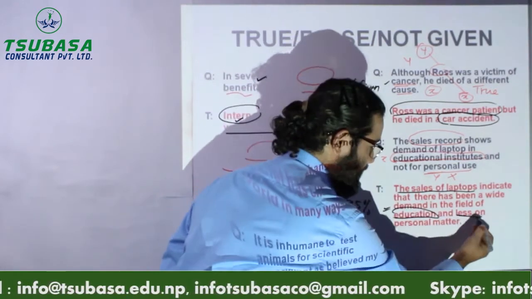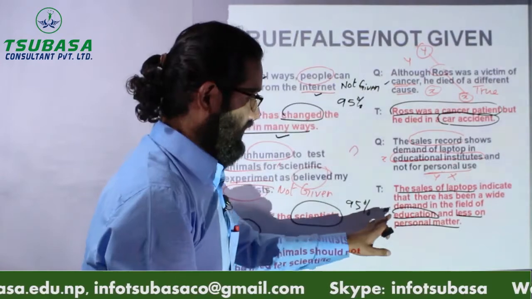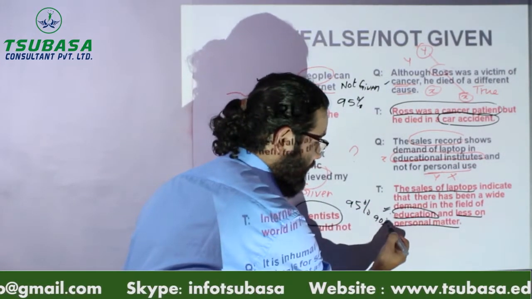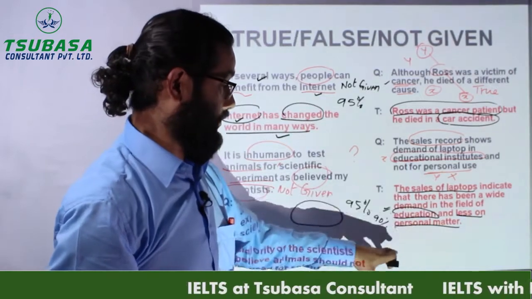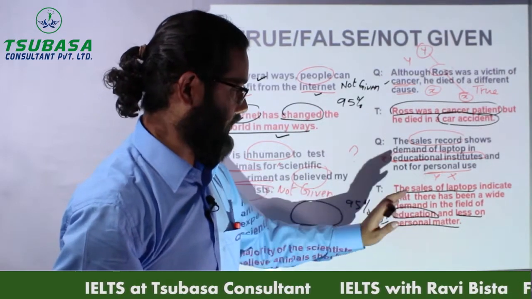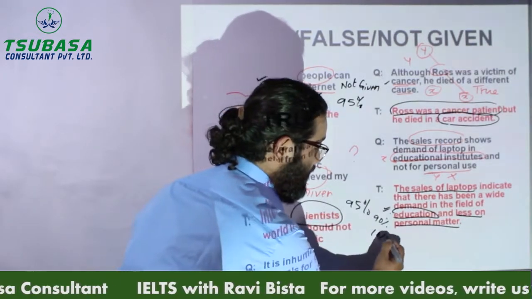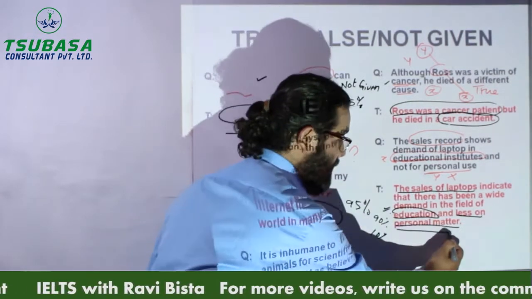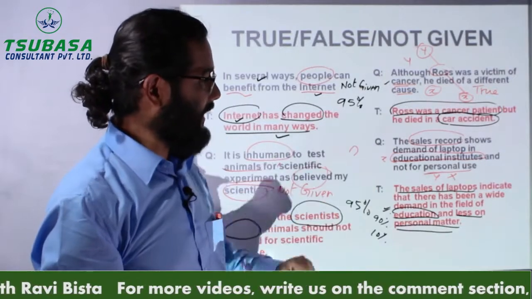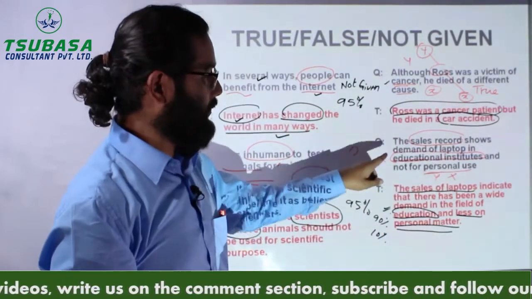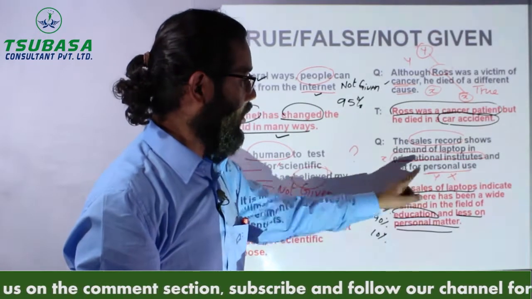It says and less on personal matter, meaning wide. Let's say 90% of them preferred education institutes, and the remaining 10% bought it for personal matter. But what does the question say? Not for personal use. Meaning people bought for educational value, not for personal use.